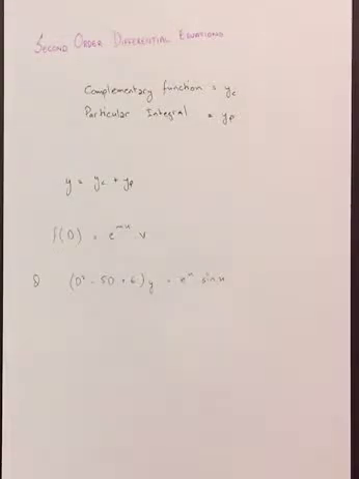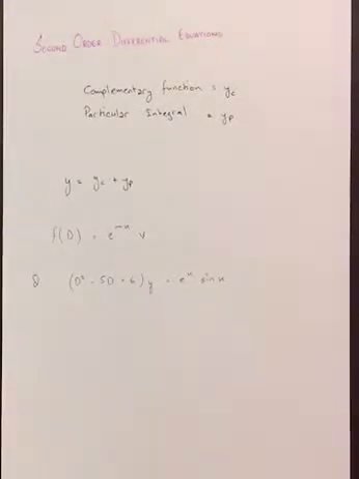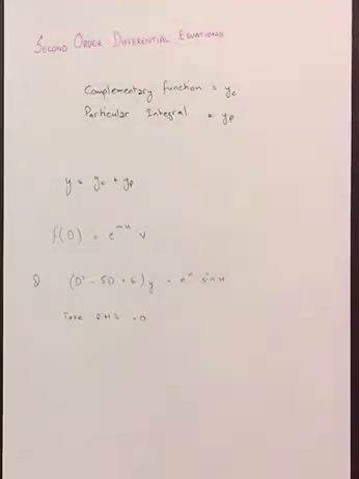To find the complete solution to this equation, we need to figure out yc and yp. For yc, we take the right hand side equal to 0, so this makes our equation D square minus 5D plus 6 equal to 0. This gives us an auxiliary equation.